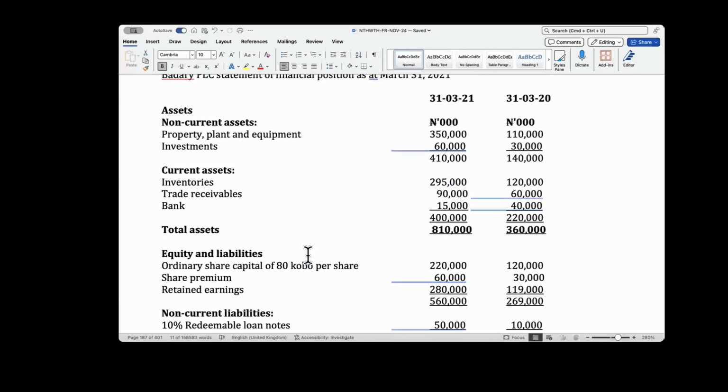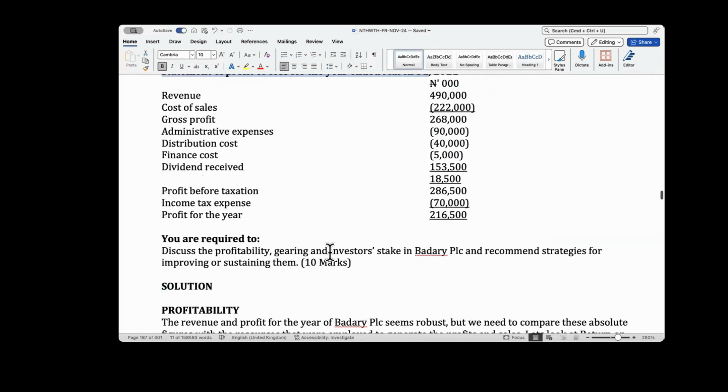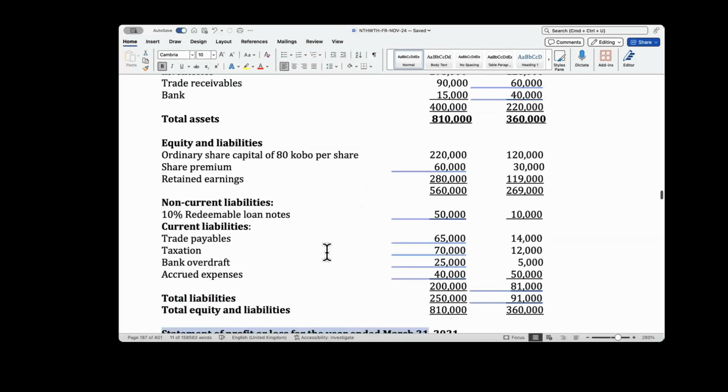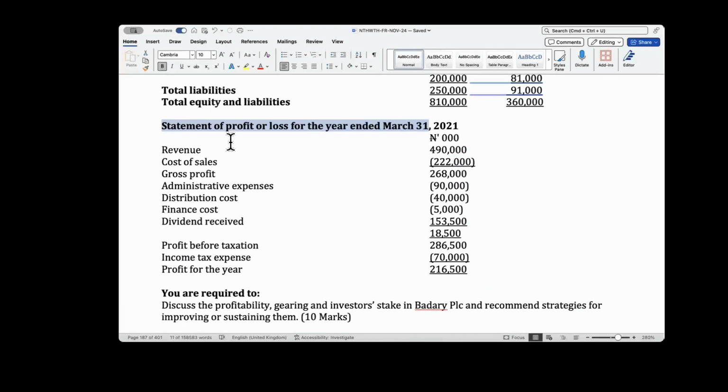Two ways. If it were you, when it comes to profitability, gearing, and investor stake, profitability first. Of course, my focus will be on the P&L to see how profitable this company is.